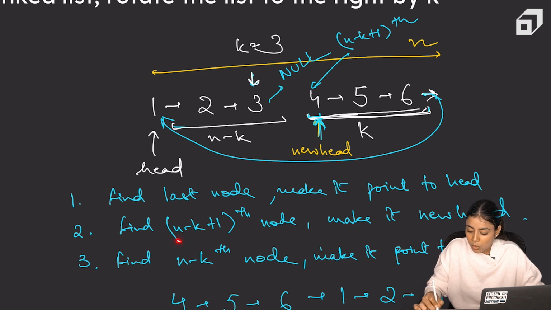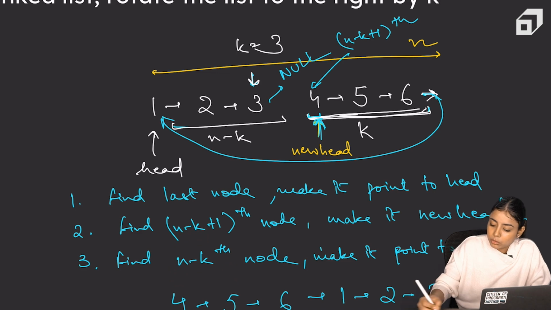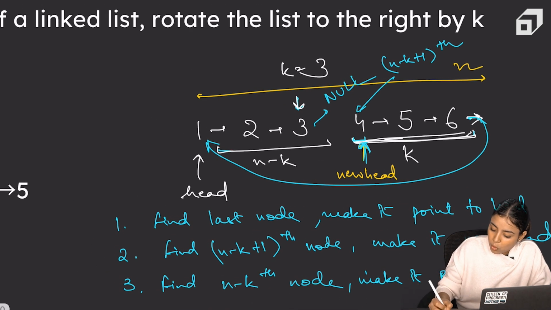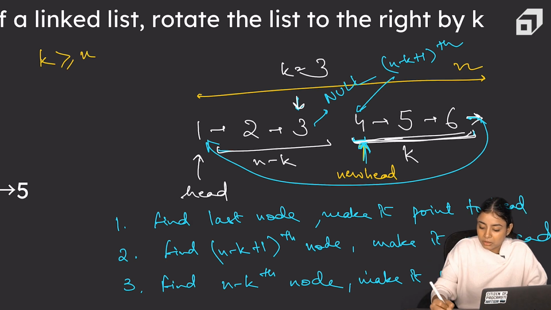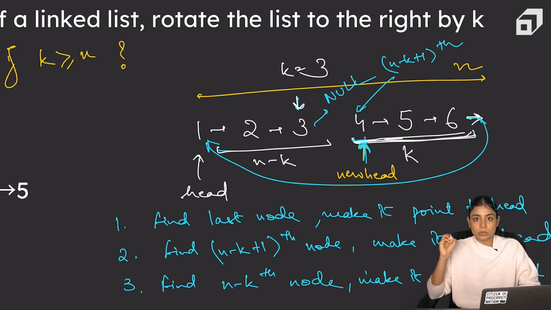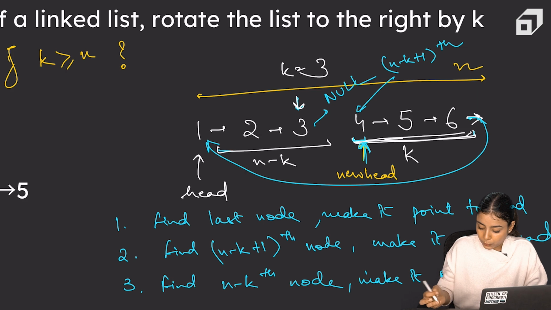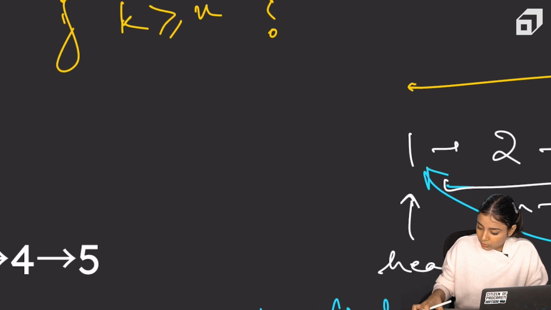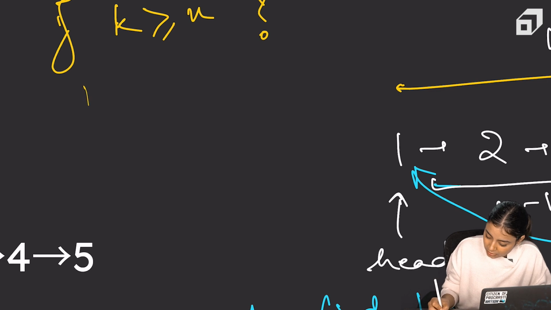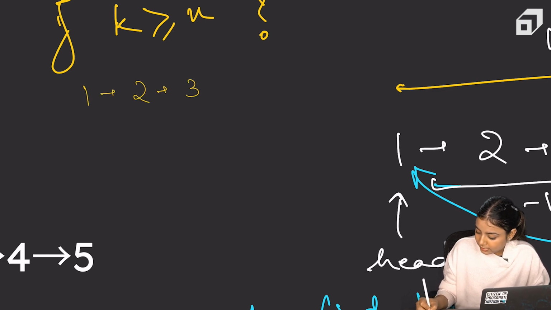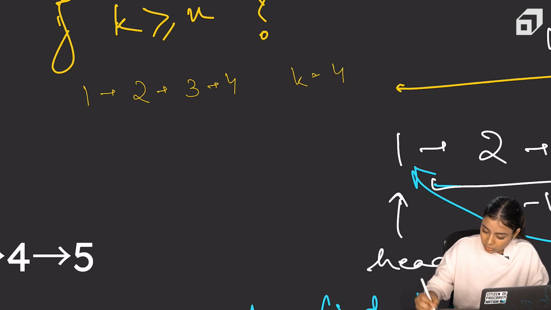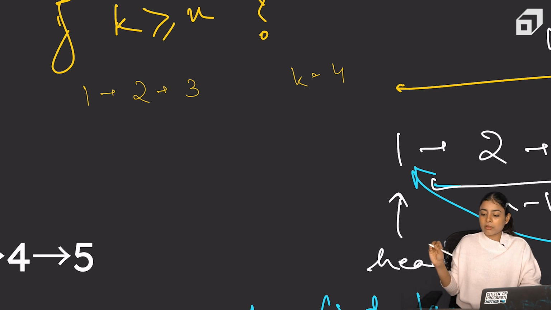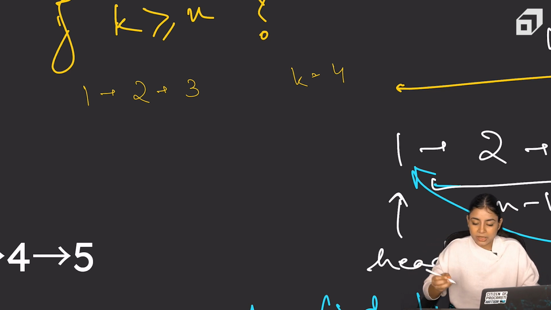Third thing, I'm trying to find n minus k here, but what if k is more than or equal to n? Try to understand this. If I have a linked list which looks like this, with 3 elements, and my k value here is 4, which is more than n, the number of nodes.